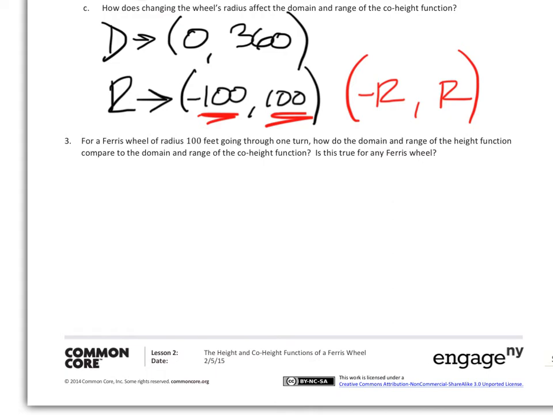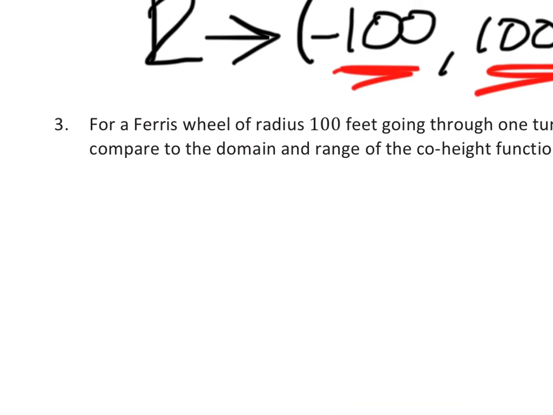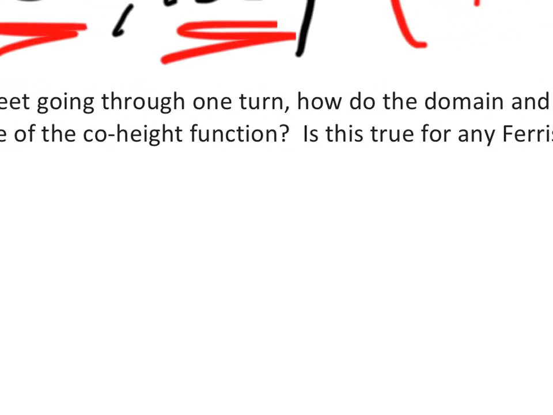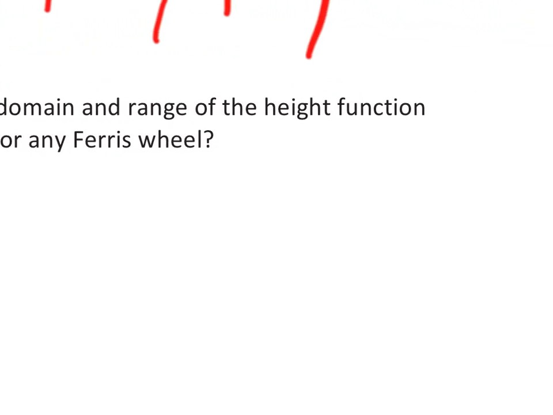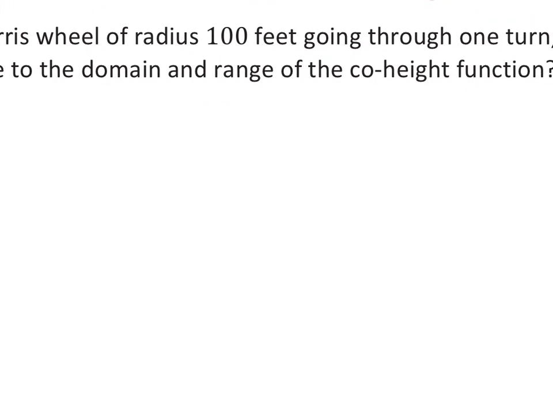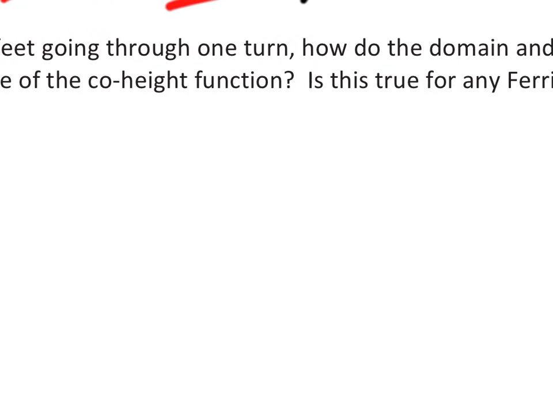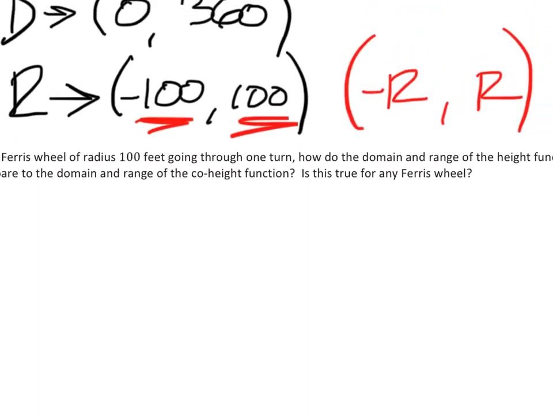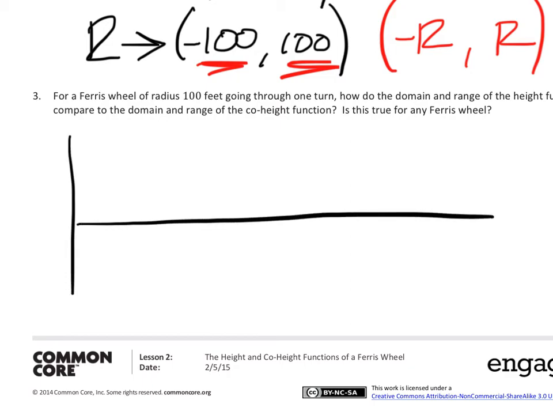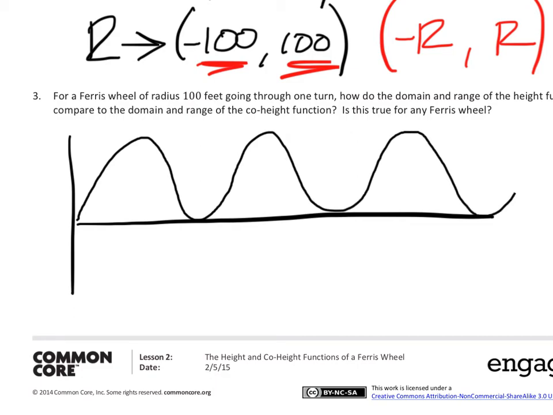For a Ferris wheel of radius 100 feet going through one turn, how do the domain and range of the height function compare to the domain and range of the coheight function? Is this true for any Ferris wheel? So for the height function, what we did last week, we had something that went like this and then back up, like this and then back up, and so on.